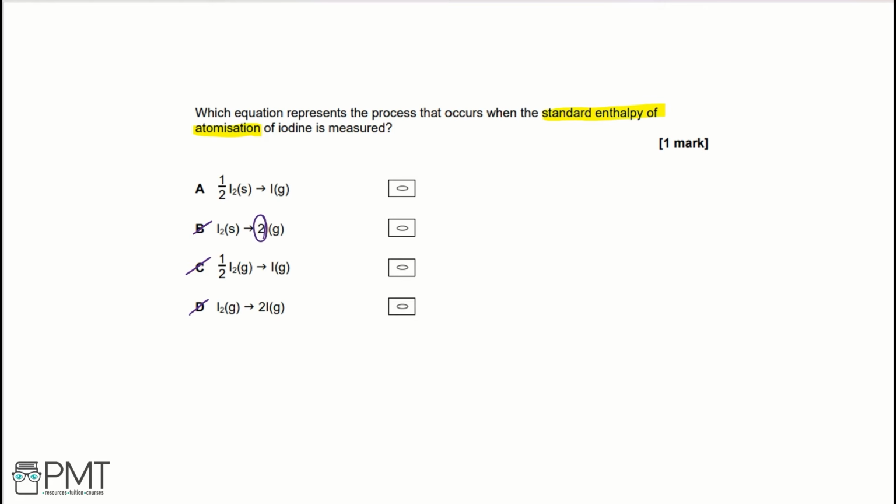It's going to be the enthalpy of atomization multiplied by 2. Instead, our answer is going to be A, because they've made sure that we're using 1 mole by putting half I2 and we make 1 iodine gaseous atom. To get the mark for this question, you need to circle the box corresponding to A.